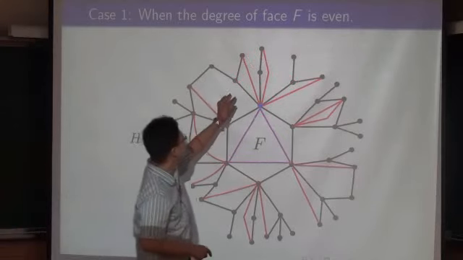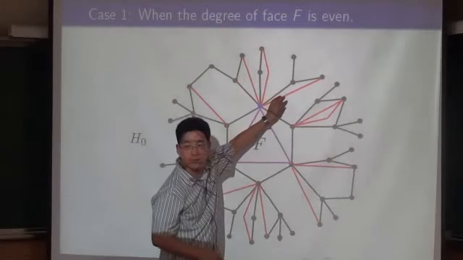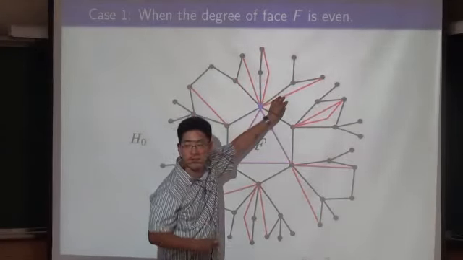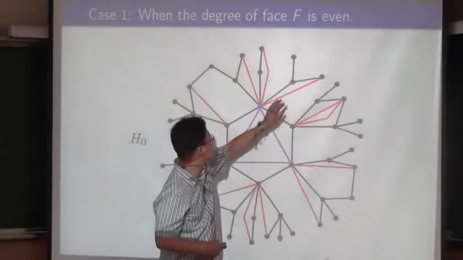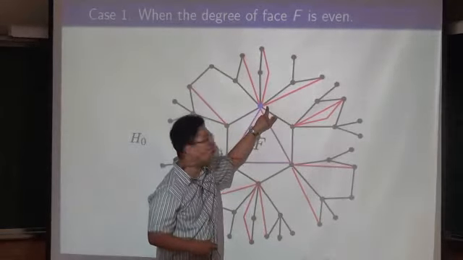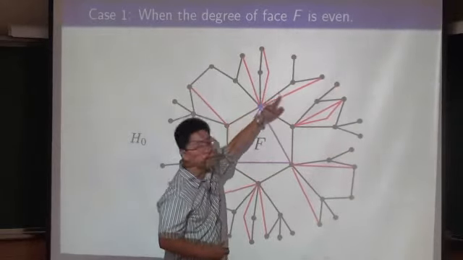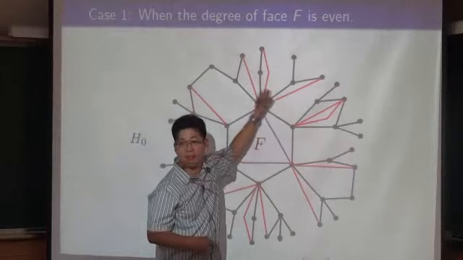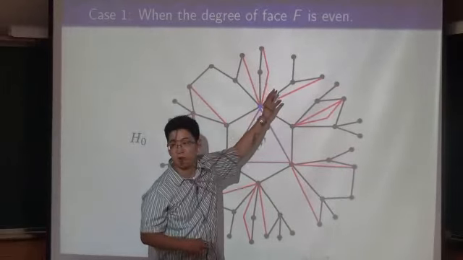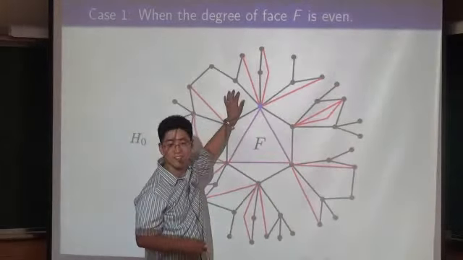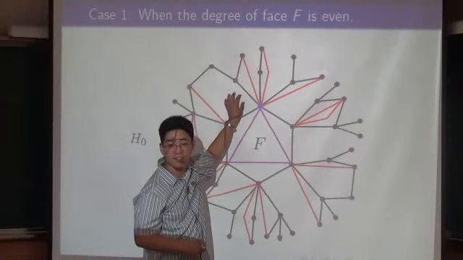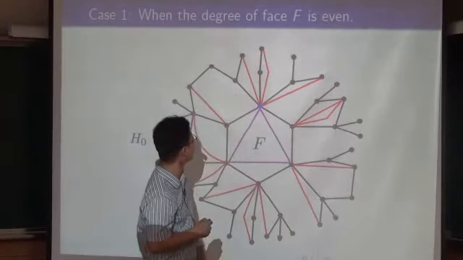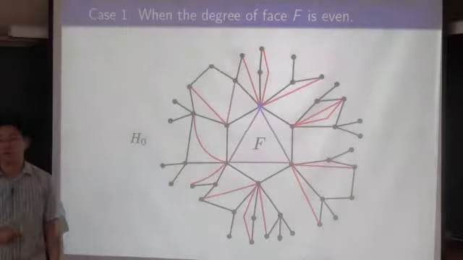So we had 4 faces outside of f incident with this vertex, but at most 3 faces are blocked by the neighbors' red edges, right? So there should be one vacant space, so we can draw the red edge of this vertex, right?